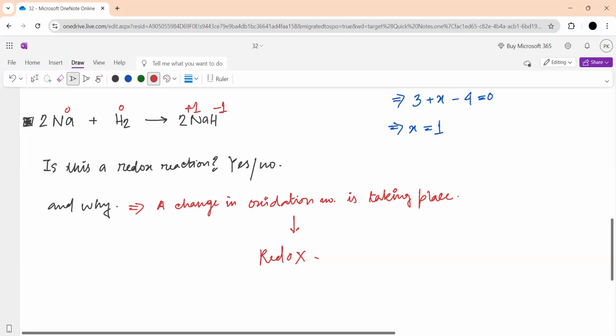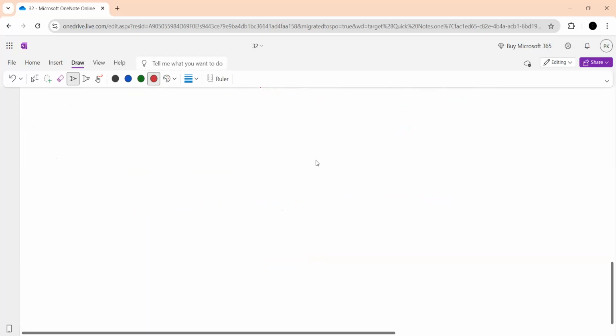Now, if we go through your book, there are 3 more examples of redox reactions. Those are, the first one in your book we have combination. Second one is displacement.